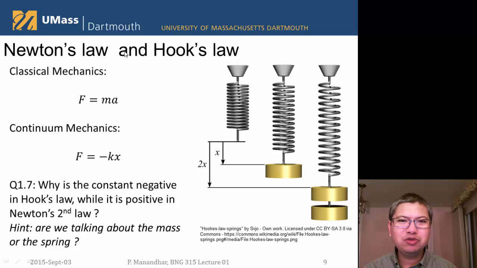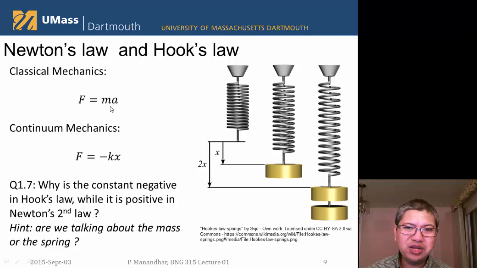So the equation in question, the equation that I talked about in the last slide, is Hooke's law. And Hooke's law can be thought of as the beginning point of continuum mechanics. So Hooke's law is often written as F equals minus kx. So you can see there is F equals ma and F equals minus kx. So are these two things the same, or are they different?